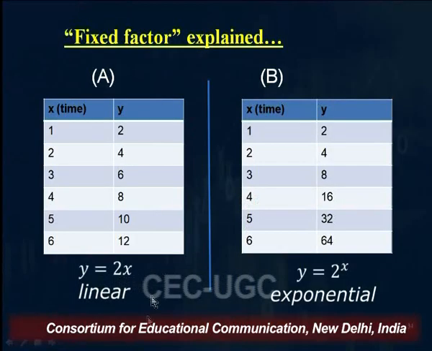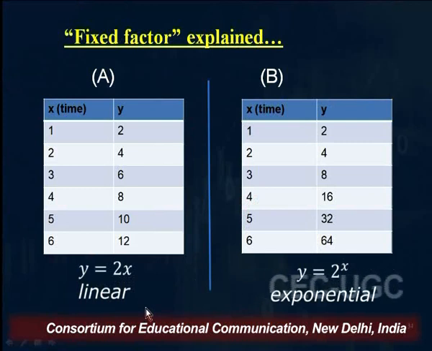So the first kind of phenomenon, scenario A, corresponds to linear growth, right? If you have 2 rupees and 4 rupees and 6 rupees, every time it increases by 2 rupees, that is something which would be modeled by an equation like y equal to 2 times x.